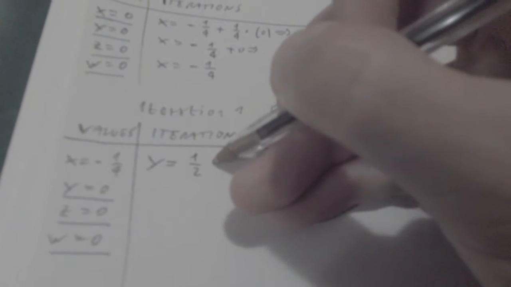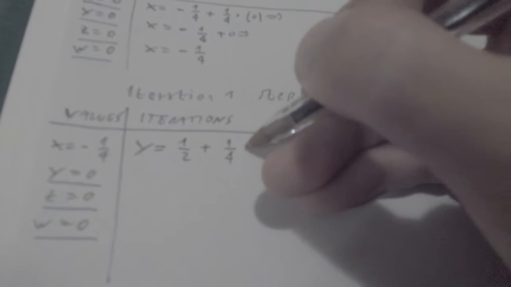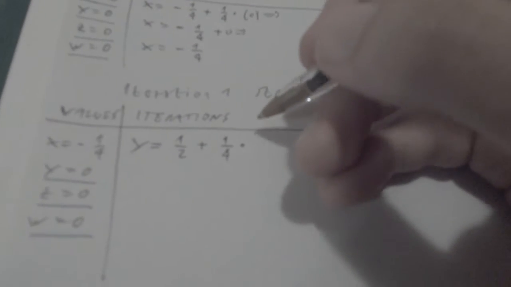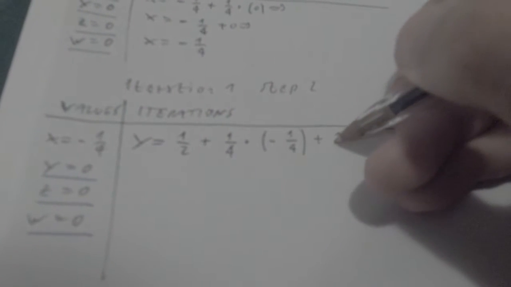Therefore, we have y equal to 1/2 plus 1 over 4 times negative 1 over 4, which is the value we just found for x, plus 1 over 4 times 0, which is the value of our initial guess for z.